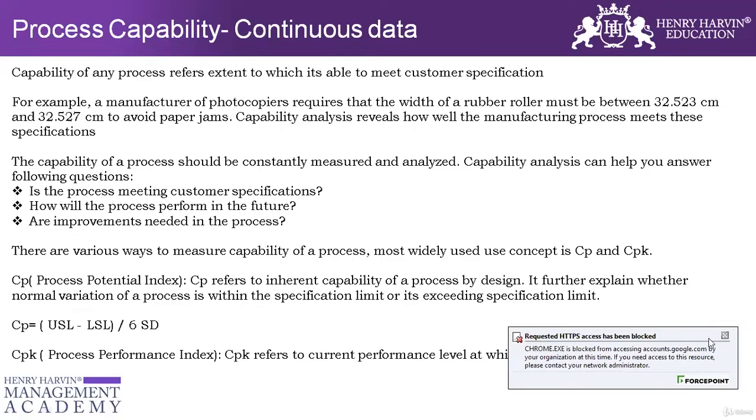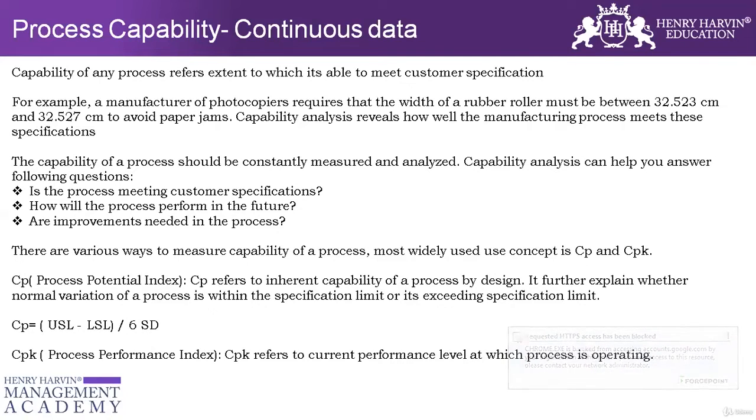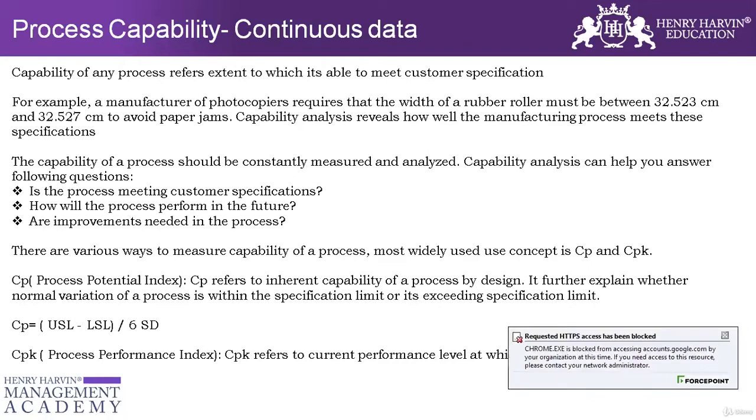Another thing is called CPK. CPK talks about the process performance index, which refers to the current performance at which my process is operating. So CP tells me the process by design, and CPK tells me the current performance.